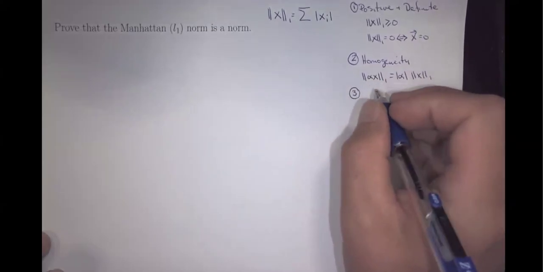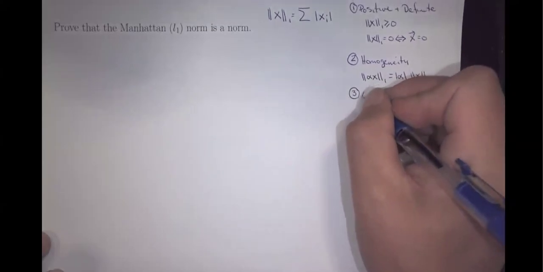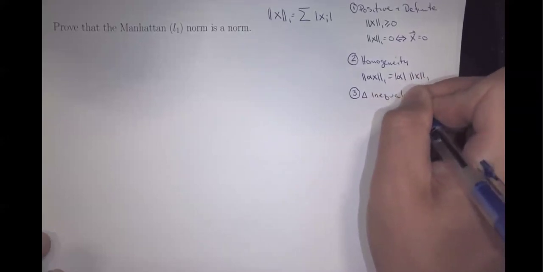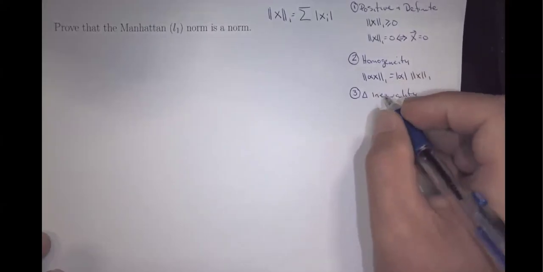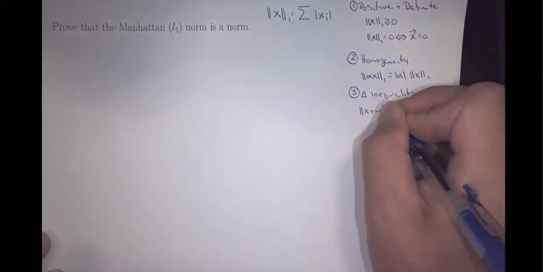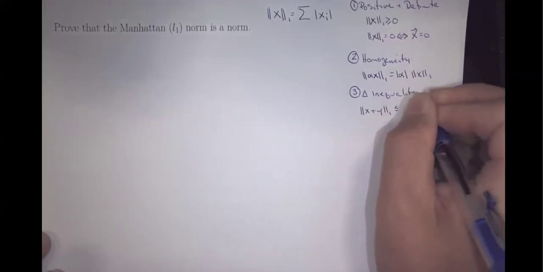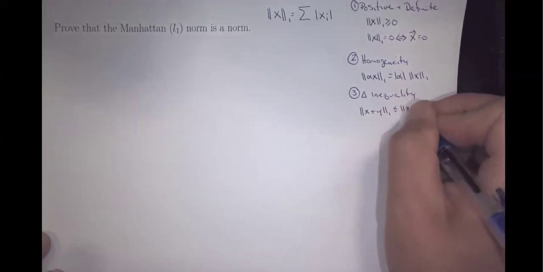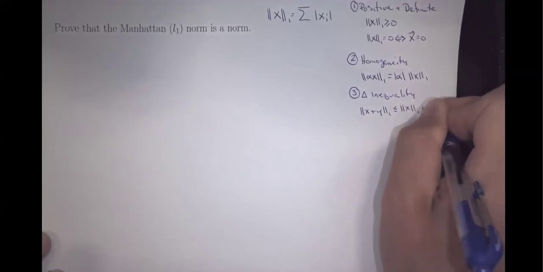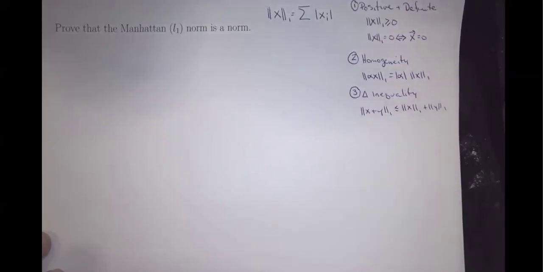And third, the triangle inequality. So that the one norm of x plus y is less than or equal to the one norm of x plus the one norm of y. So we need those three properties to hold. Okay.